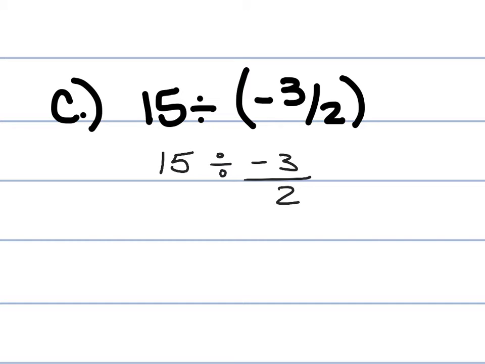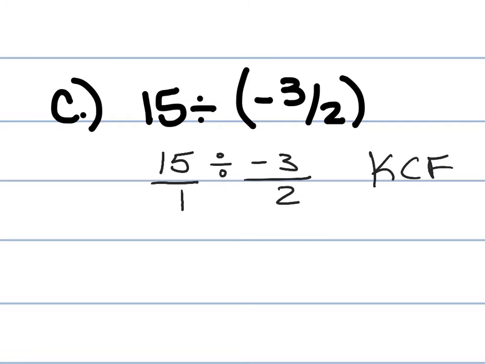One of your math teachers at some point told you 3 letters that you can do when you run into this situation. What are those 3 letters? KCF. Keep, change, flip. When you multiply, you can multiply straight across the top and straight across the bottom, but that's not the rule with division.